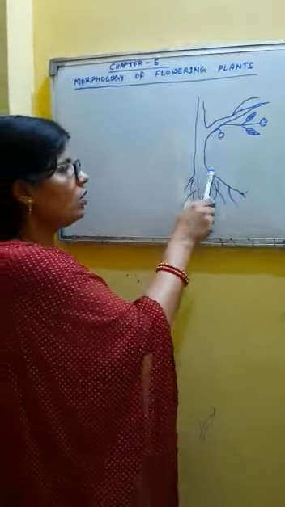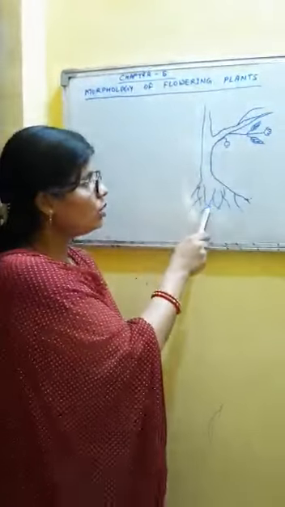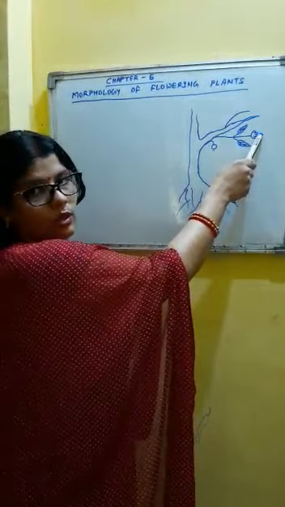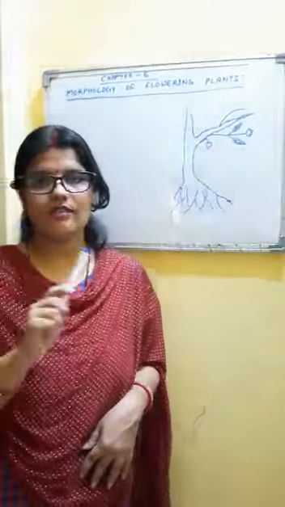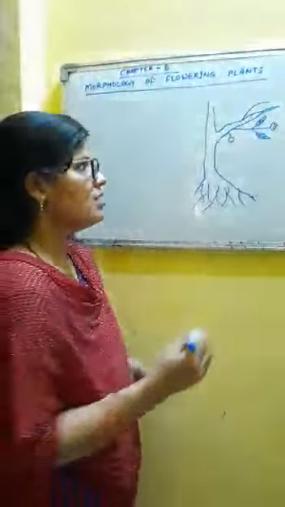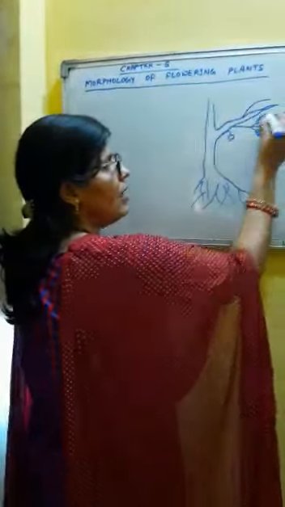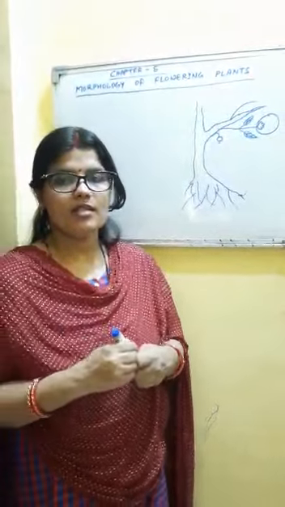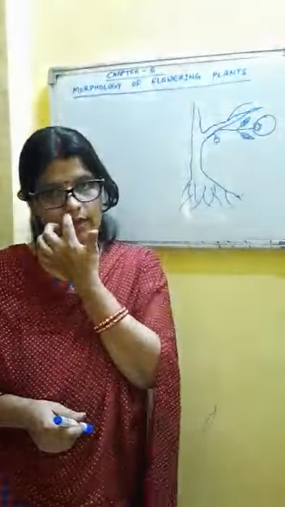Vegetative parts include stem, root, leaves, flowers. No, flowers are not vegetative parts. Flowers are reproductive parts of a plant. So, vegetative parts are the parts which are not involved in reproduction.